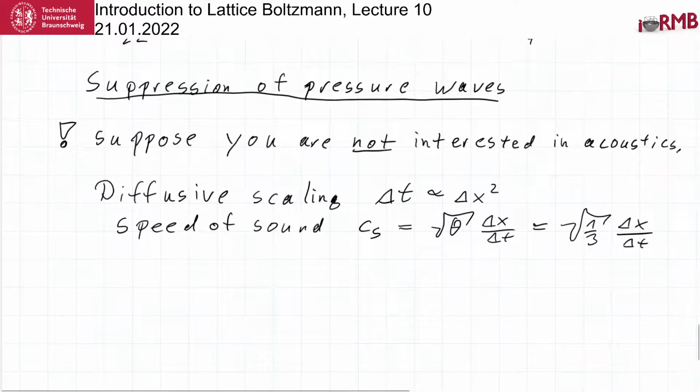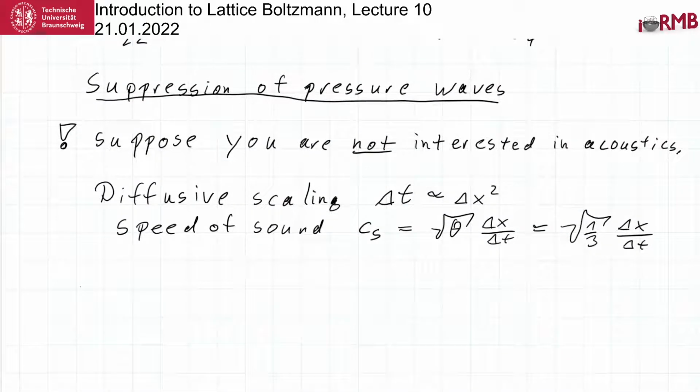Now in this diffusive scaling, what you usually do is you use an artificial Mach number. So you are not interested in what is the Mach number of your physical problem, but you assume the Mach number is very small, and now you can use an artificial Mach number going to 0.